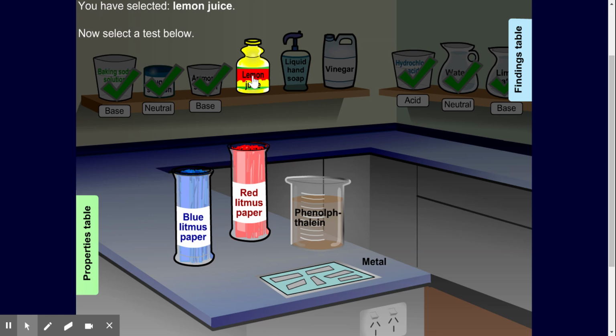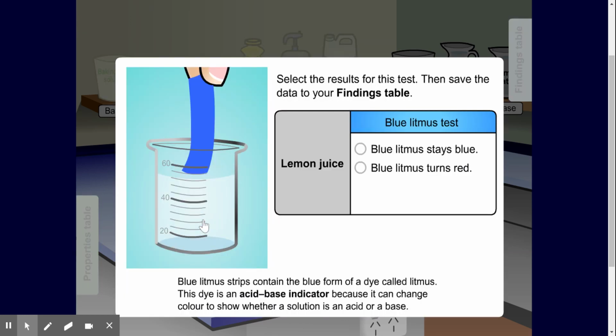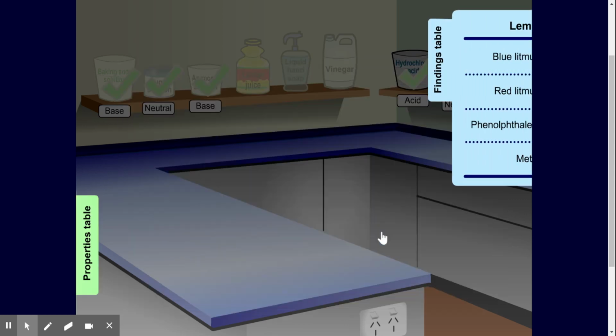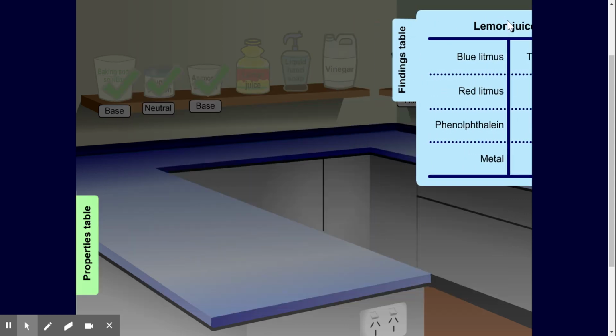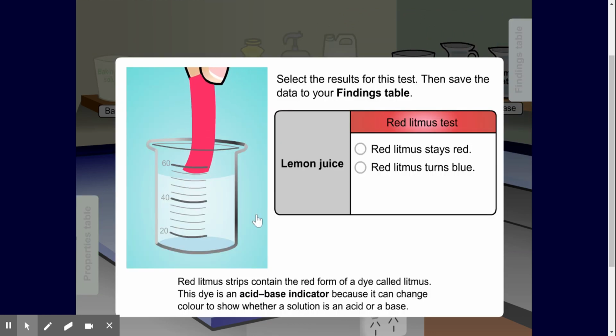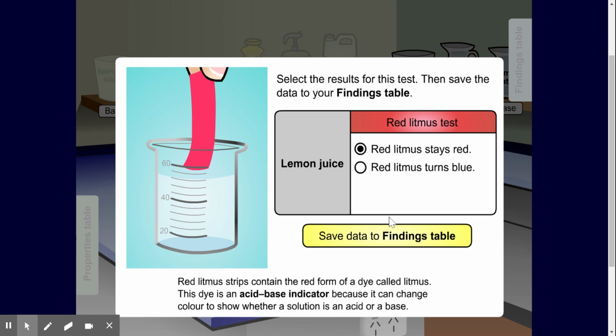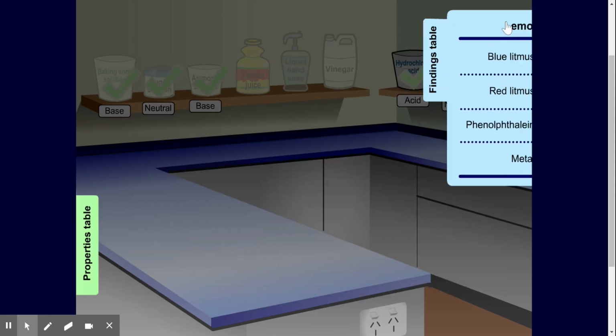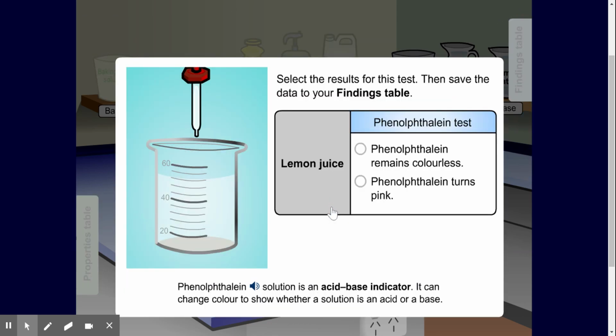Lemon juice. Do litmus paper first. It turns blue litmus red. And we go to the red litmus paper. It stayed red. And phenolphthalein.